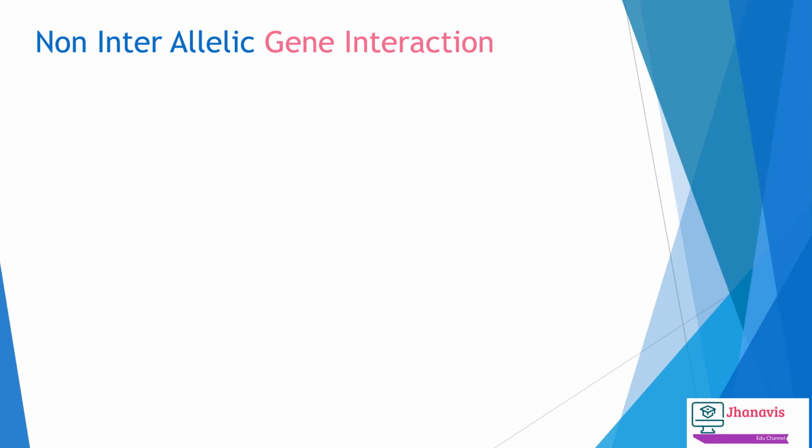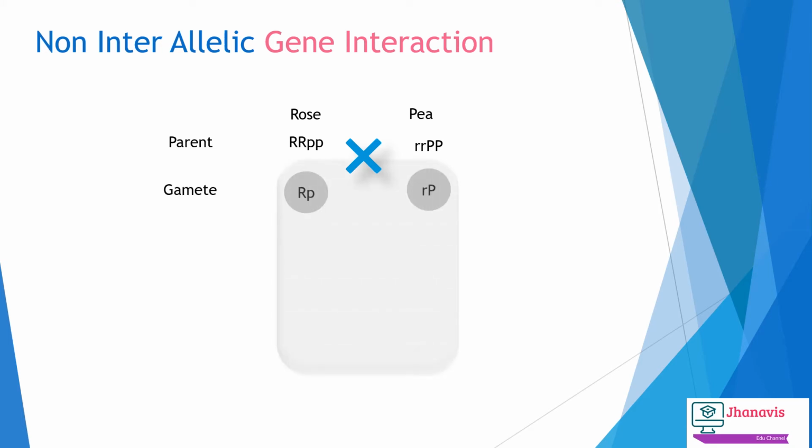With the help of a diagrammatic representation, I am showing how non-epistatic interallelic gene interaction takes place. To start with, I am taking a rose comb and crossing it with a pea comb pattern. The rose comb genotype is capital RR, small pp, whereas for the pea comb it will be small rr and capital PP.